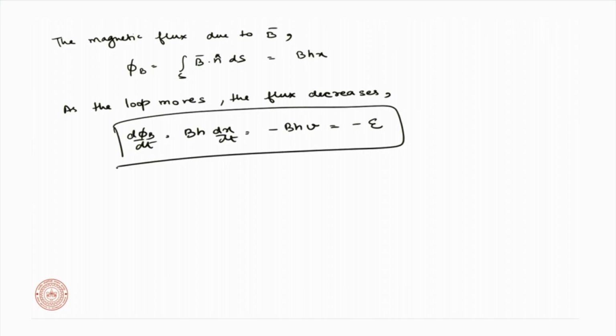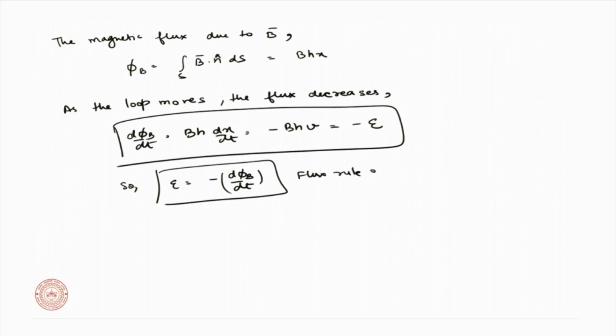This is clear. It is reducing, that is why the negative sign, the velocity is in the right hand direction, and therefore, it is equal to minus epsilon. So, our electromotive force is equal to minus d phi B by dt. Okay. This is the flux rule of EMF.